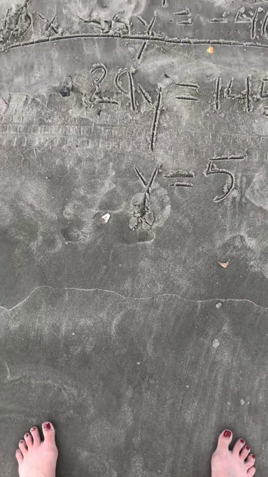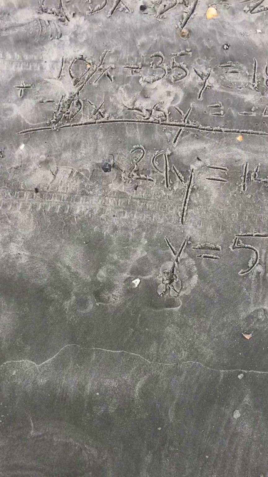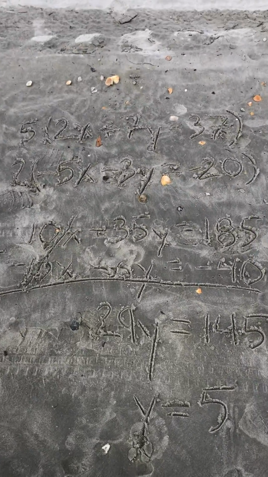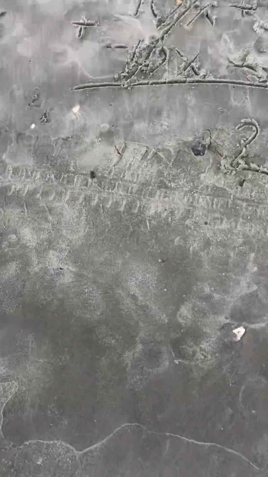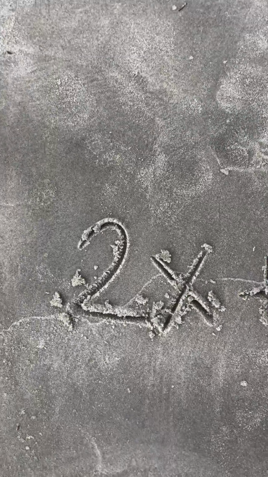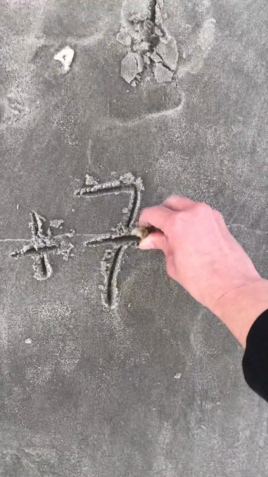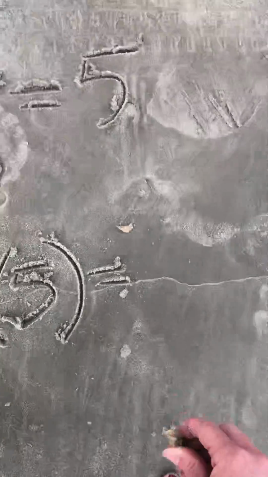Alright, so from there, I'm going to take that y, plug it back into my original equation. So I think I'm going to go for the tippy top one up there, the 2x plus 7y equals 37. Hopefully you can read that okay. So we have 2x plus 7 times that 5 that we just found. And that's supposed to equal 37.